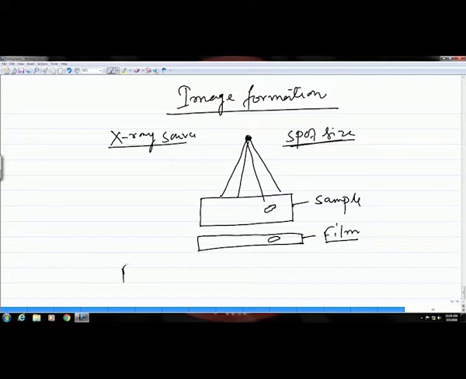And as I told you, we need a focused beam, and the focal spot size should be as small as possible, because the lower the spot size, the higher will be the image quality.